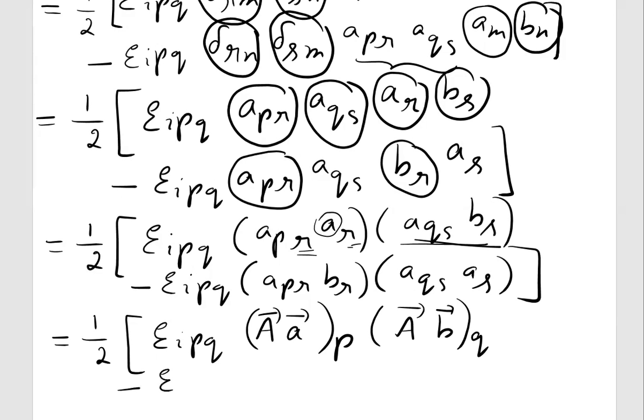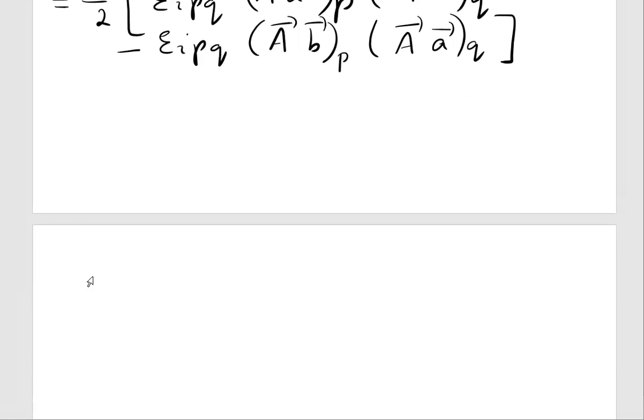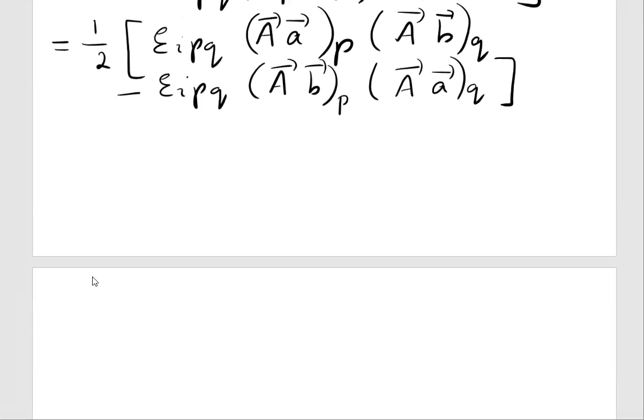Minus epsilon IPQ. Can easily guess now. Tell me now. So it is A, B. And which suffix will come there? P is the suffix over there. Now for the remaining, it is A, small a, the same lines. Right. So now we have that equal to half outside.